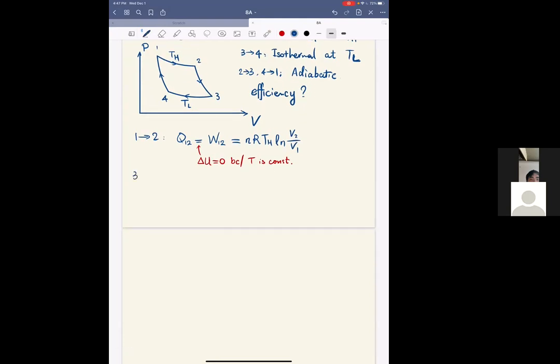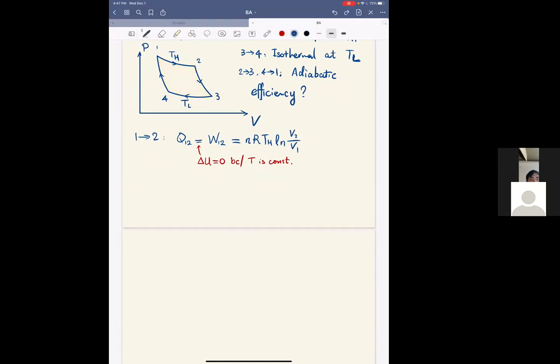And that's the heat absorbed. So what about the work done by the gas? In the last meeting, we talked about the work done by the gas being just this area. But practically, this one is not easy to compute.